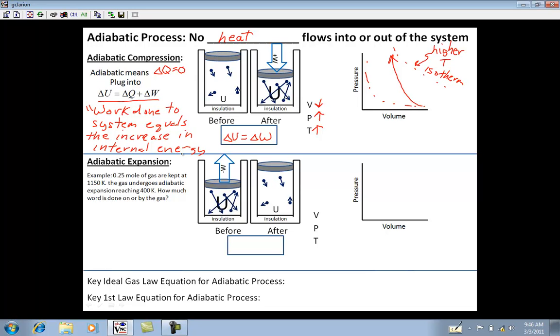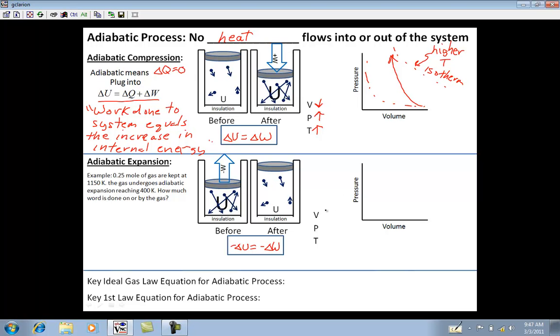All right. So the other situation that we can have is the adiabatic expansion. So that's where the system does the work. Okay. And the internal energy decreases. So the equation for that is just going to be the exact opposite of the one we had before. That's going to be the negative delta U is going to equal a negative delta W. Okay?